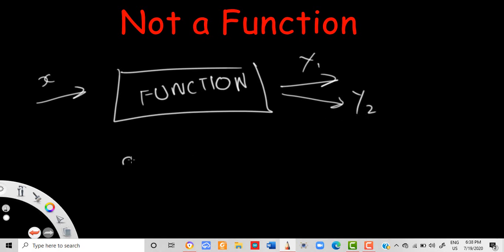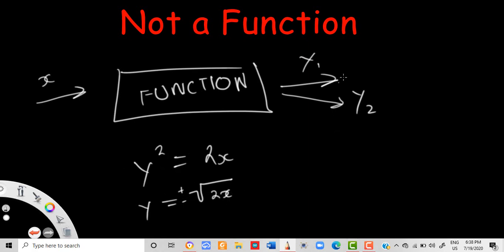Let's say, let's not use f(x), let's use y squared for simplicity equals 2x. Okay, so y squared equals 2x is the function. Now we need to get y from this function, right? So we can get y by taking a root of both sides and we'll have plus minus root 2x, right?